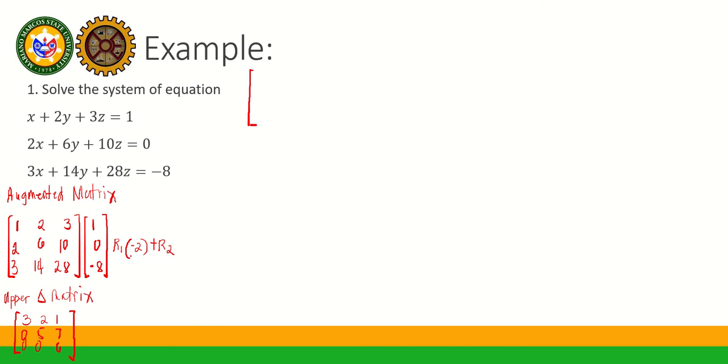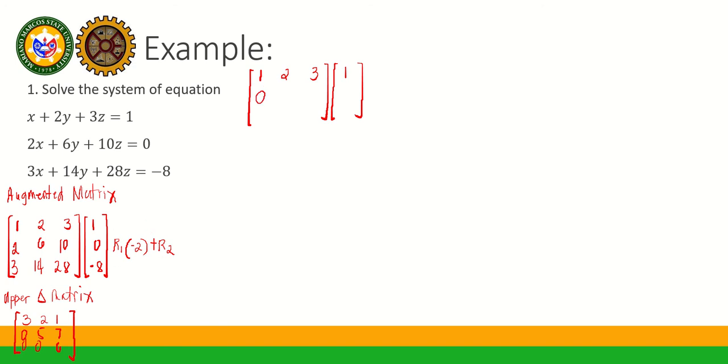Tapat-tapat. R1 times negative 2, that is negative 2 plus 2, that is equal to 0. Okay, so we can rewrite dito yung ating first row. Okay, elements of our first row. So, this is equal to 0. Okay, since we applied this formula.